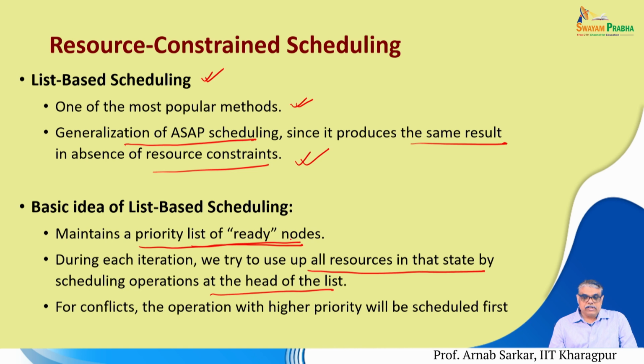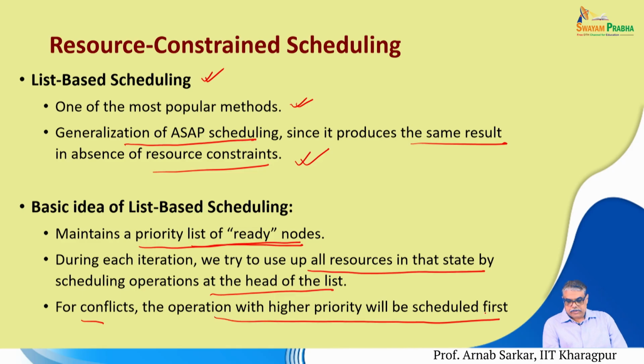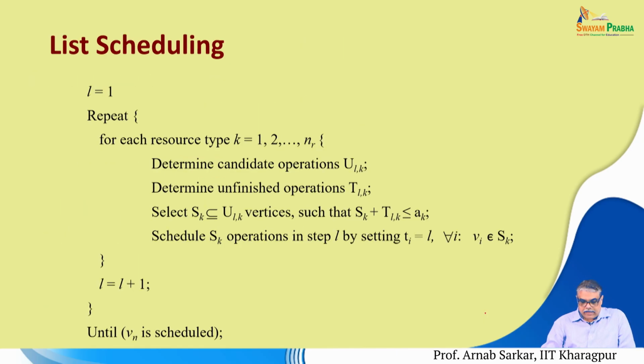So, in the head of the list we have the highest priority nodes. Now, if you have conflicts, the operation with the highest priority is scheduled first. Let us look more deeply at the exact pseudocode of the algorithm. So, we start with time step 1, L equals 1. So, this is time steps.